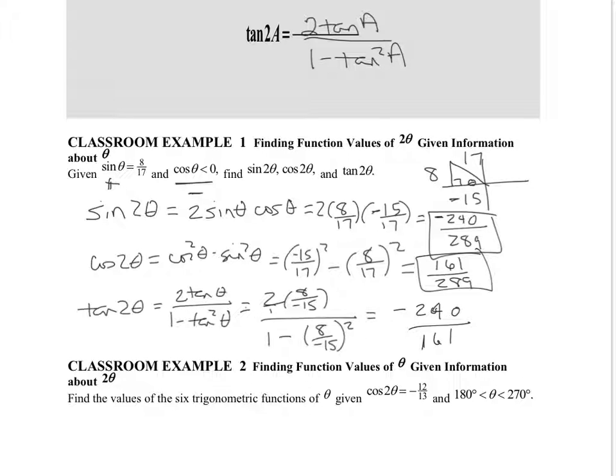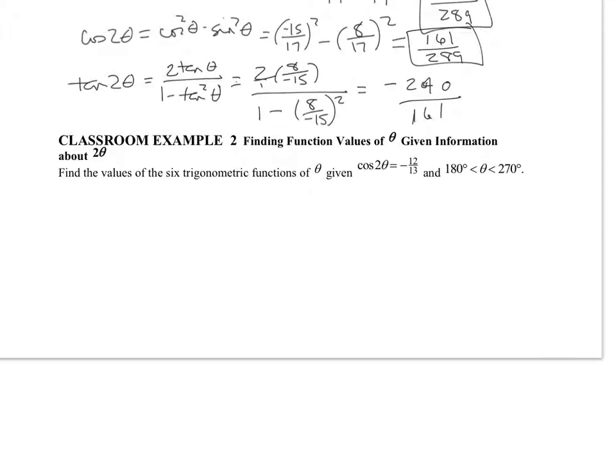So let's look at the next example. It says find the values of the 6 trig functions of theta if you're told what the cosine of 2 theta is and what quadrant theta is in.